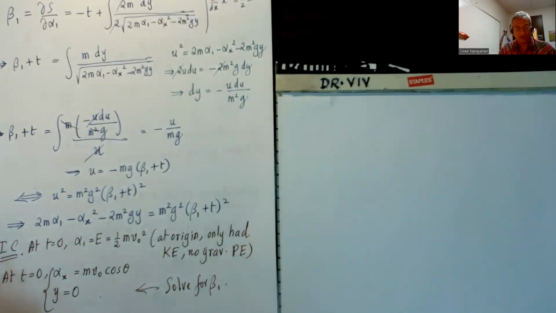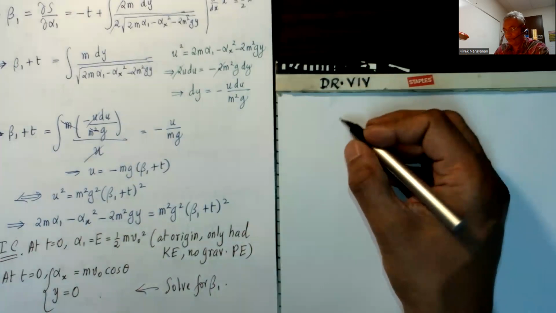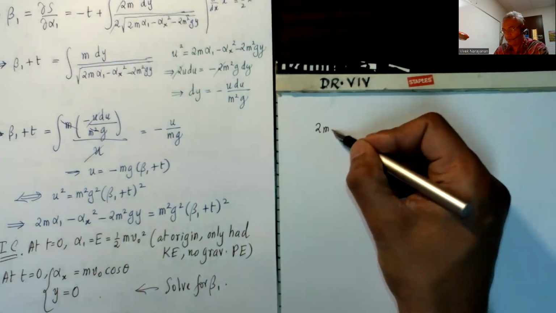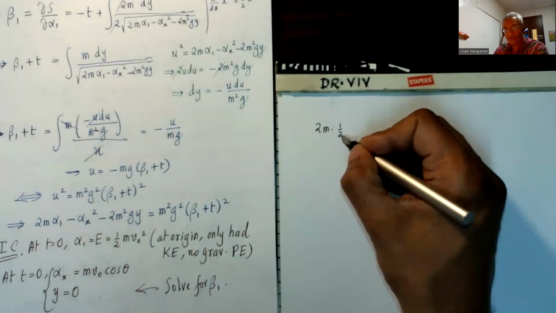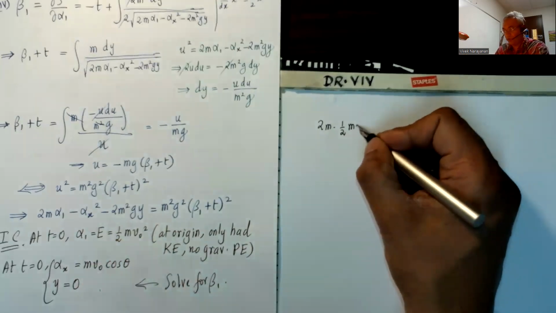This gives us, at t equal to 0, 2m times 1/2 m v naught squared.